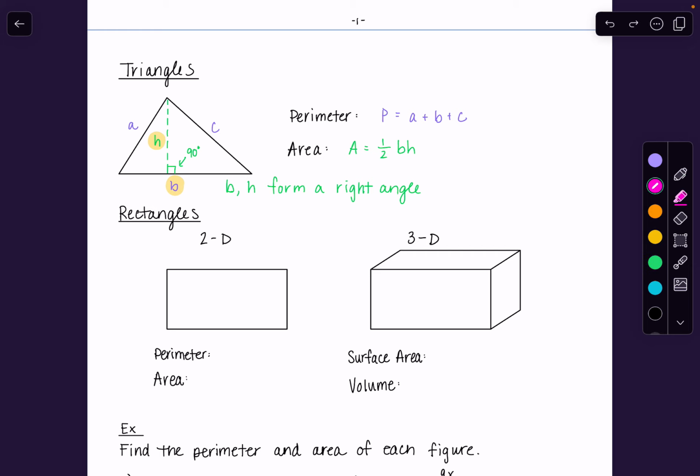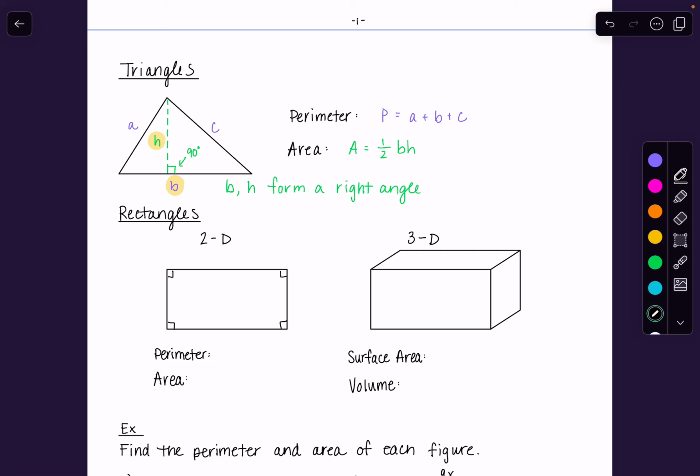So the way a rectangle is classified is these two sides are equal to each other. And then these two sides across from each other are also equal to each other. And so it forms four sharp 90-degree angles. So every single one of these is 90 degrees.